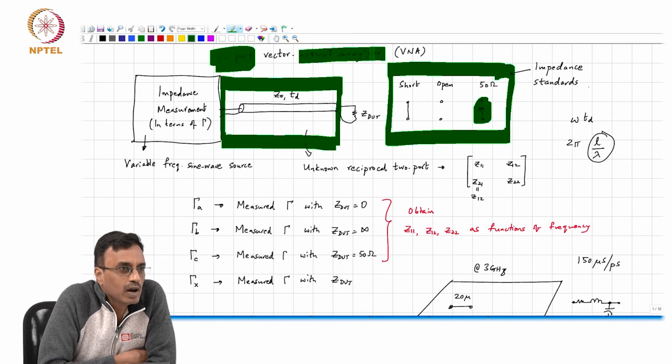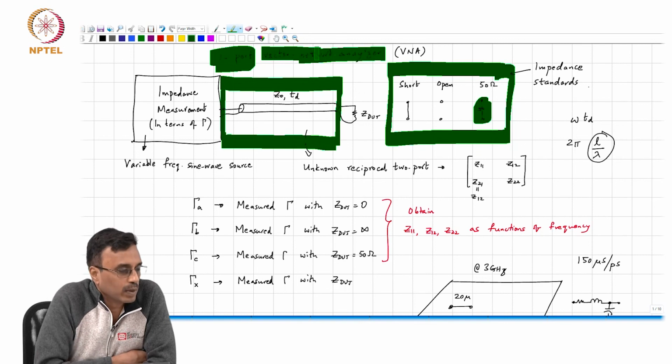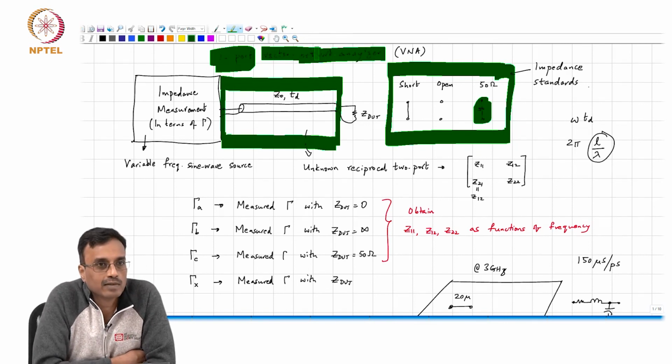Before that, they used to have what were called scalar network analyzers, which only measured the magnitude, and then you had to do something a lot more involved to infer the phase, making additional measurements and so on. Because earlier you would only be able to measure power, right? Now you have sophisticated electronics which is also able to measure the phase in addition to the magnitude, and so these are called vector network analyzers.